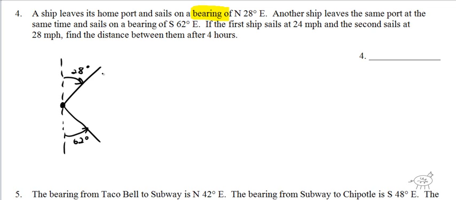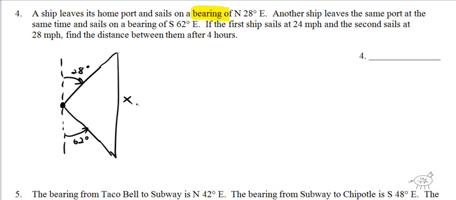It says the first ship set sail at 24 miles per hour and the next one at 28 miles an hour. Just think logically. They want to find the distance between them. So let me extend this out a little bit. This distance, we're going to call x, between them. I didn't give you the distance, but I gave you miles per hour.